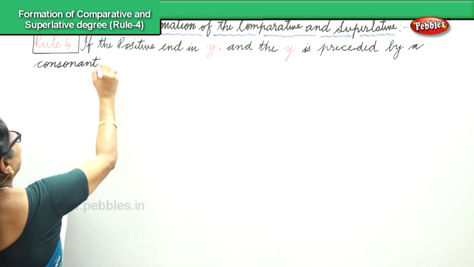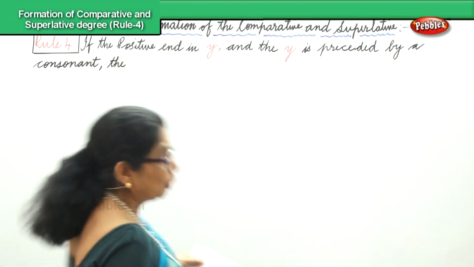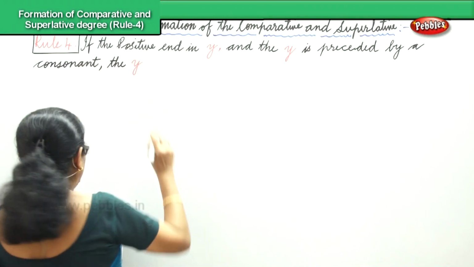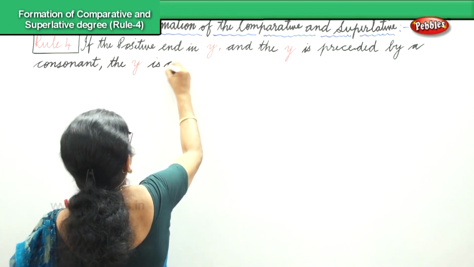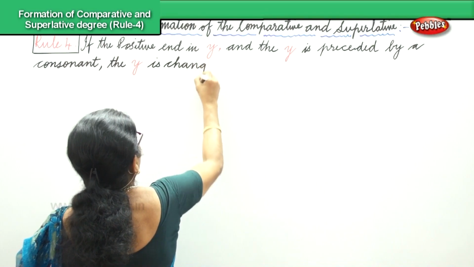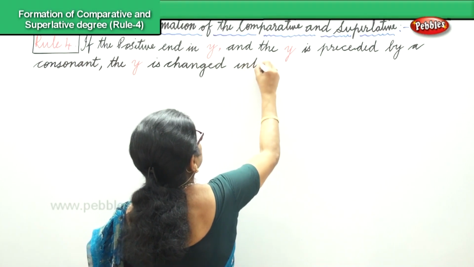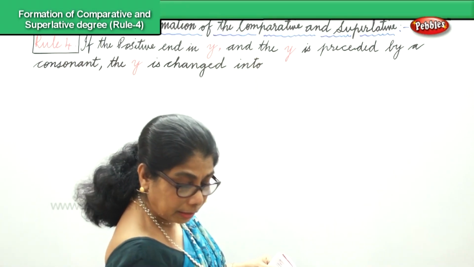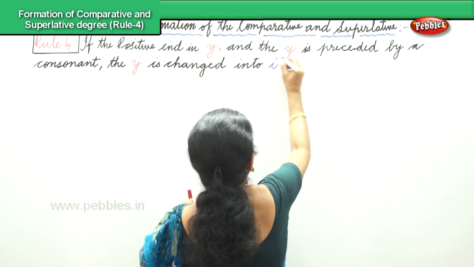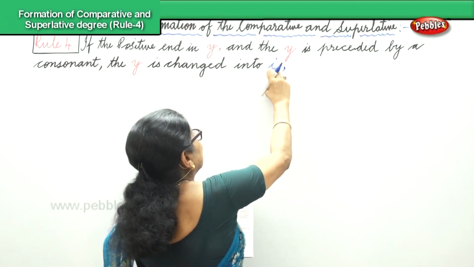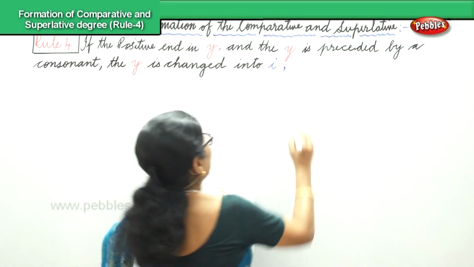What happened? The Y changes into I. The Y is changed into I. And then what happens?